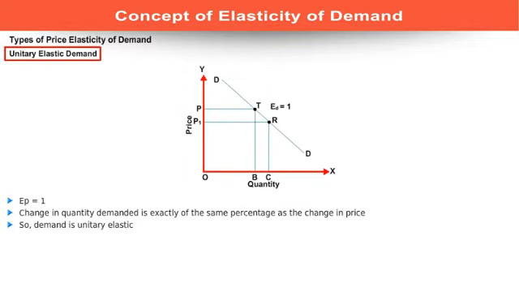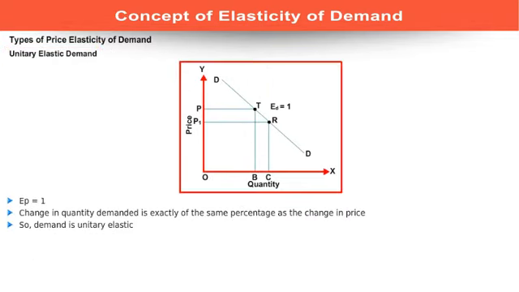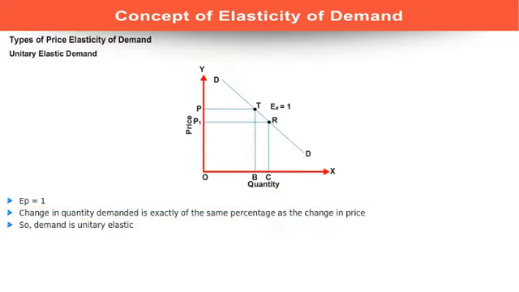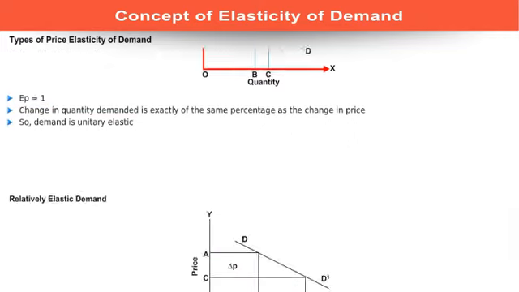Unitary elastic demand. You can see how neatly the demand curve is placed, and the percentage change in price is equal to the percentage change in quantity demanded. So my percentage change in quantity upon percentage change in price is equal to 1. Demand is unitary elastic because the value of EP is 1. Unitary signifies 1.